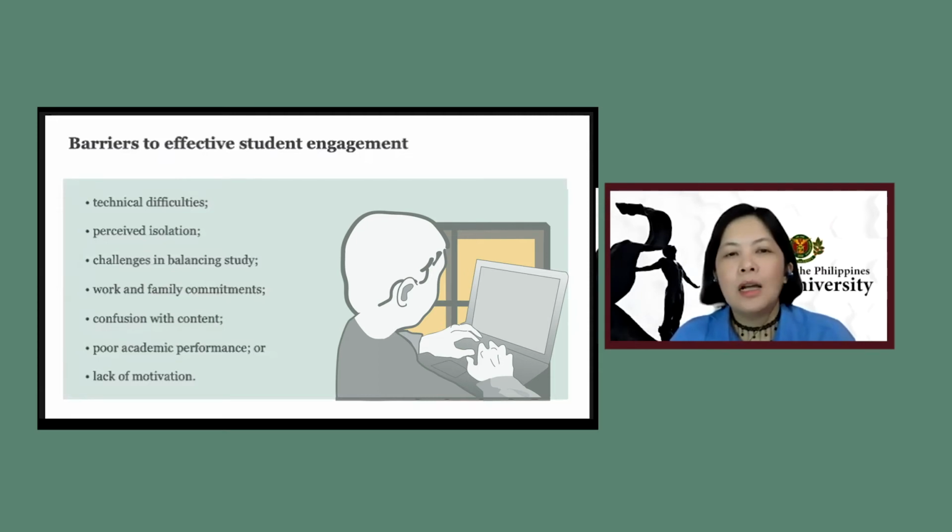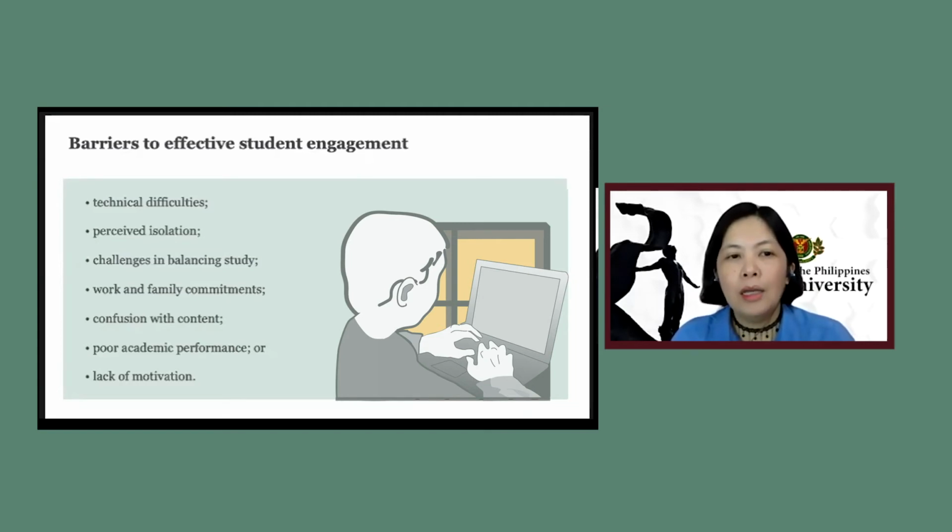And of course, the last is the lack of motivation, because really the nature of online learning is that it is designed for a self-directed, independent type of learning. And we all know that if you are not motivated and if you don't have the skill set to be a self-directed learner, you will not be motivated to learn on your own.